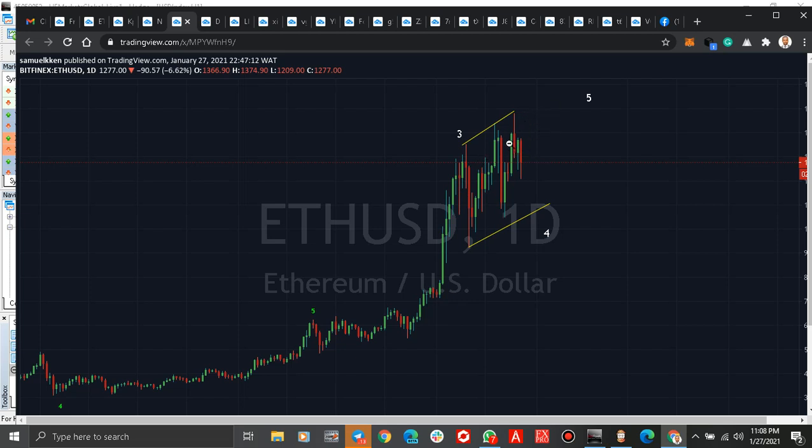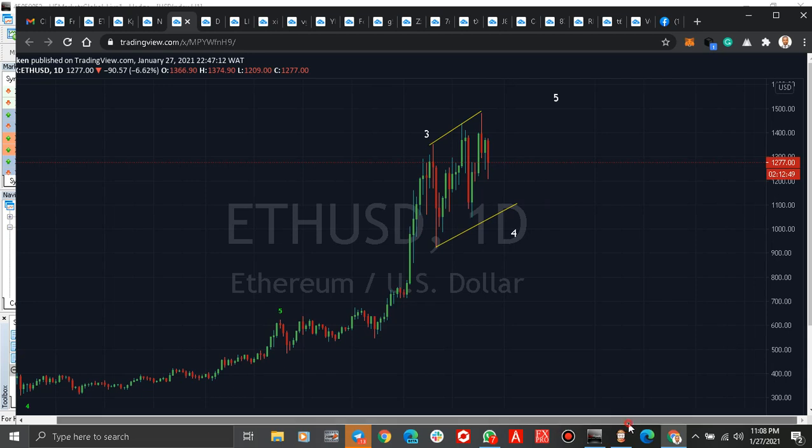But I don't know how long it will continue, which means that Ethereum might not go beyond this line, which is about 950, 970, 980. So Ethereum might not go below 1000 before it keeps going up again because of the structure it is making.